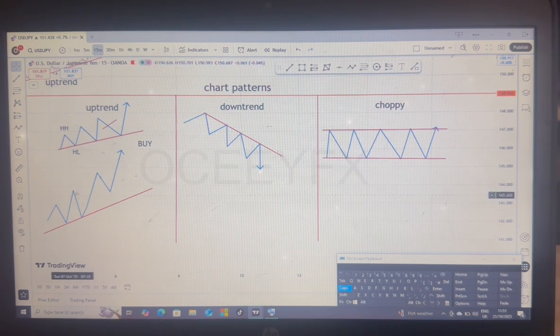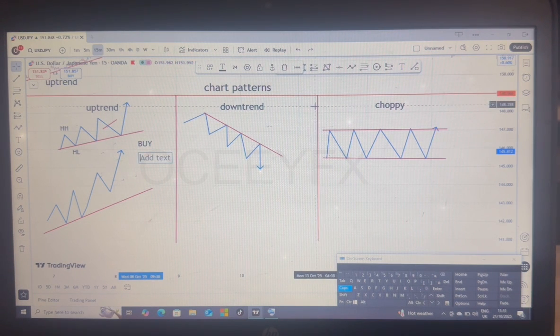In an uptrend, you must see a break of structure to the upside. You must see a break of structure. Let me drive that out too. I'm listing out key things you must see in an uptrend to know that this trend is an uptrend.